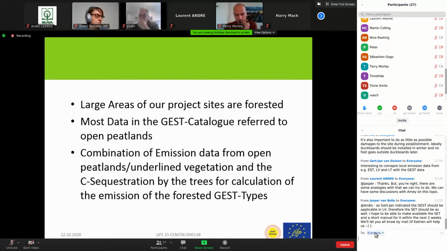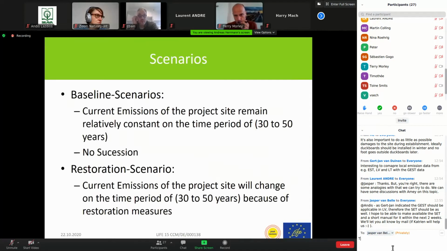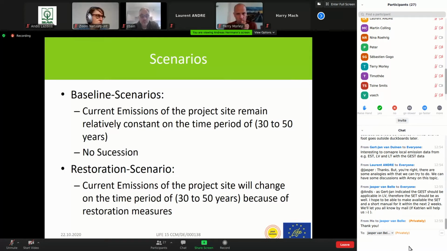Yes, and we also use some scenarios, where we have a baseline scenario with the current emissions of the project site that remain relatively constant over the time period.